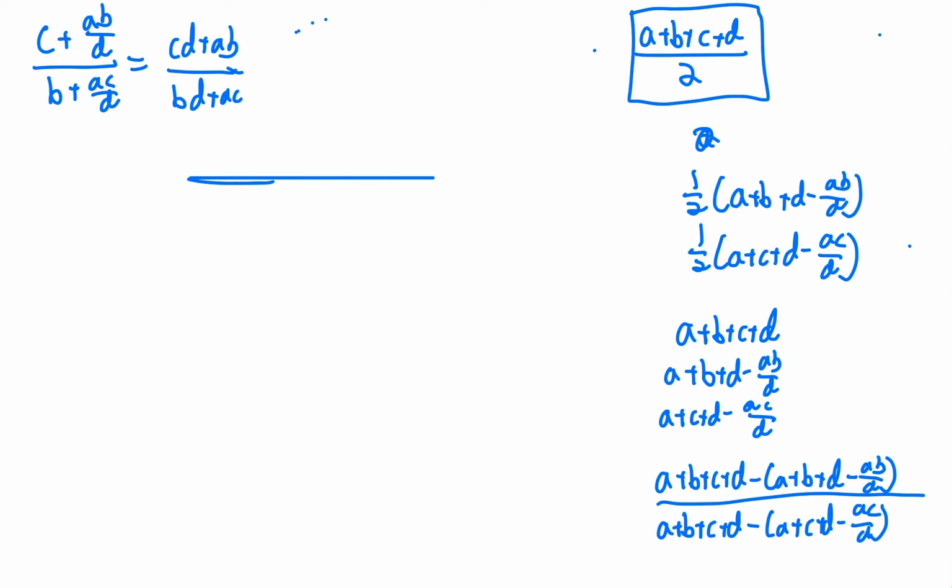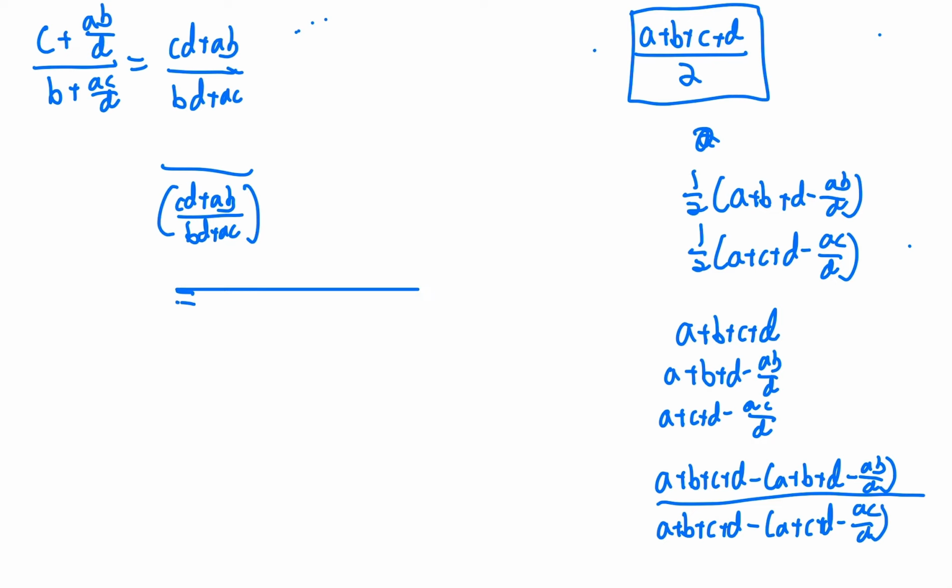And so to do that, we take the conjugate. Wait, hold on. I swapped that. But they're the same, so it doesn't really matter. So (CD plus AB) over (BD plus AC). Okay, so here are some nice properties about conjugates.